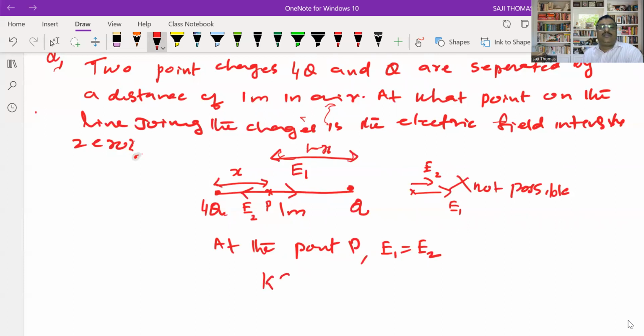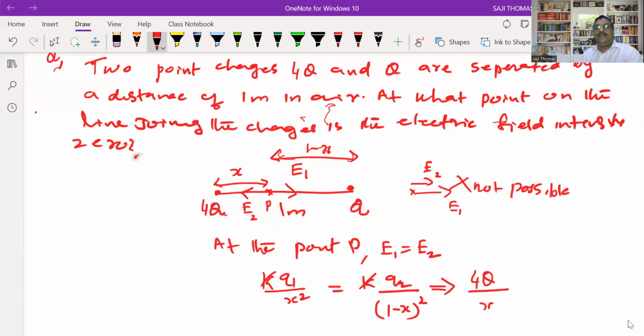What is E1? K Q1 by x square, and E2 is K Q2 by the remaining distance, (1 minus x) square. You can cancel K. Q1 is 4Q divided by x square, is equal to Q2, which is Q by (1 minus x) square.